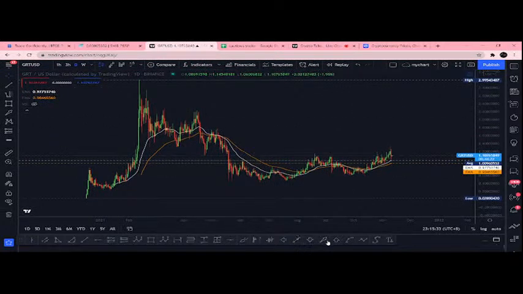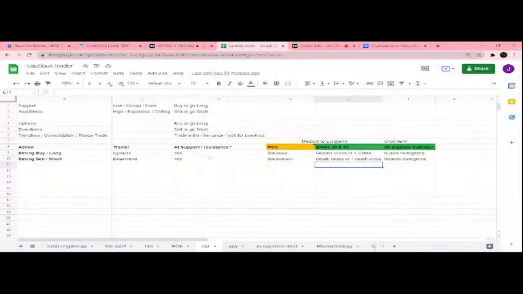So yeah, as what I have written in my sheet, I will use the EMA and the point of control as a medium to long term indicator, and then the short term will be the divergence indicator.